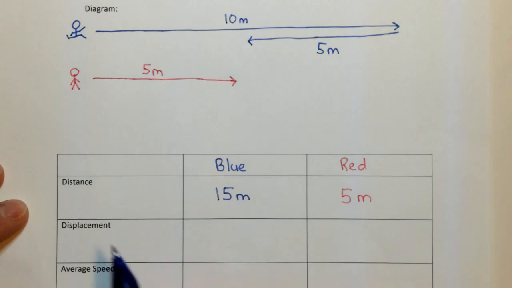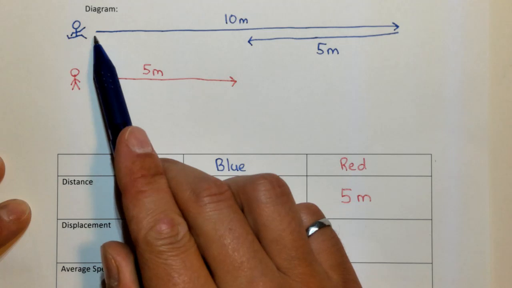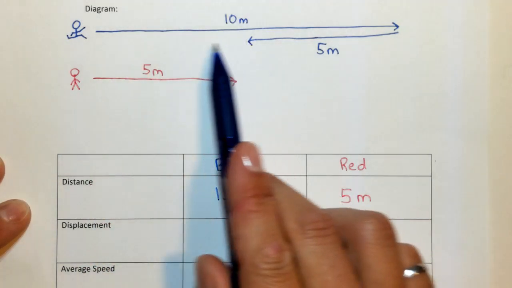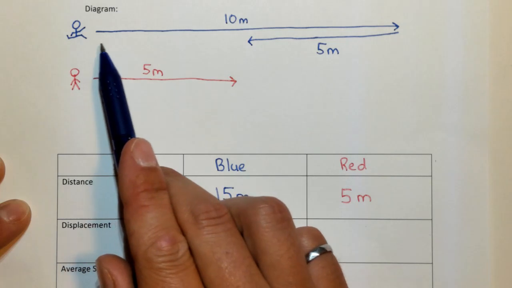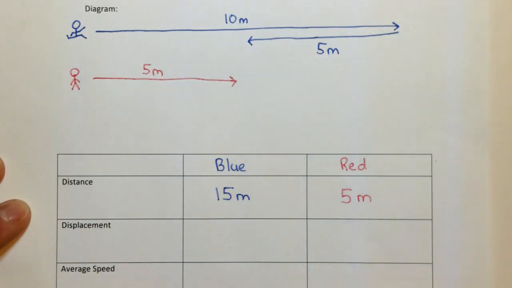Now let's look at their displacements. Remember, displacement is a vector, so it needs direction. And displacement doesn't depend on path. It just depends on where you start and where you finish. So blue started here and finished here. If I draw a straight arrow from start to finish, that arrow is going to be 5 meters long, and it's going to be going to the right.